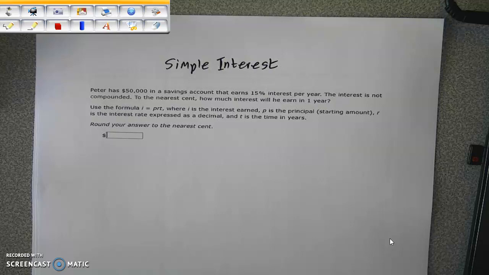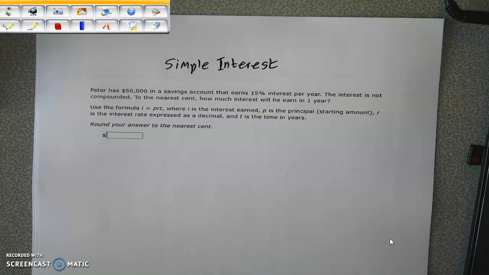He will earn 15% interest per year. That means every year the bank will give him an extra 15% of that money and they'll put it into his account. The amount of money in his account is typically referred to as the balance in the account. So the interest gets added into the account and it increases the balance.